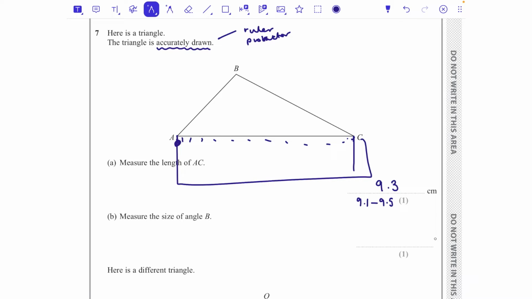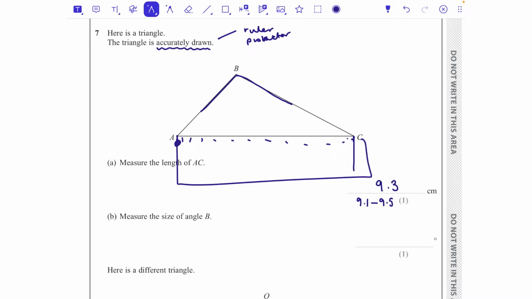So long as you were in that range, then you're absolutely fine. Measure the size of angle B. Now this is where you're going to need your protractor. So you're going to get that and put that on angle B. Now I would probably turn your paper round at this point, because you're going to need to put your protractor on so that the 0 is against either this line or this line.